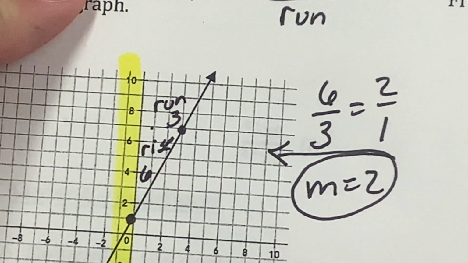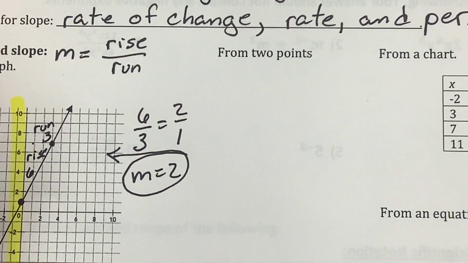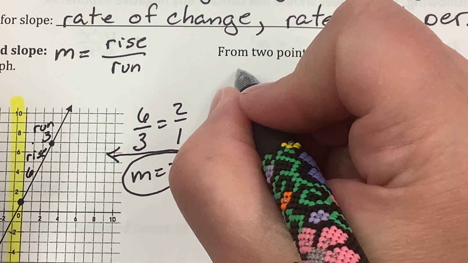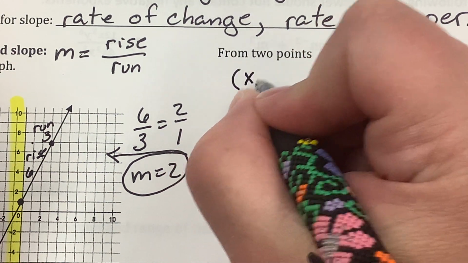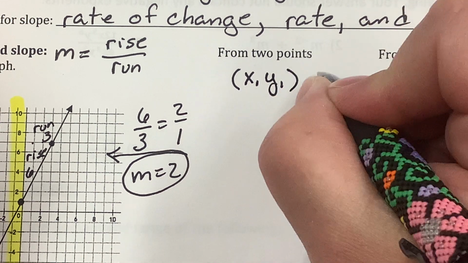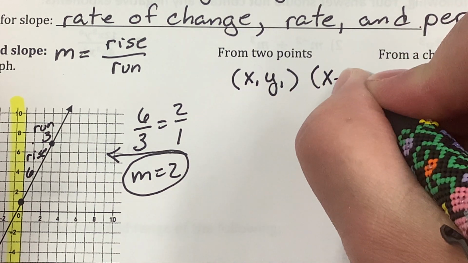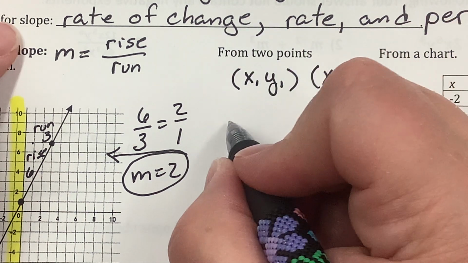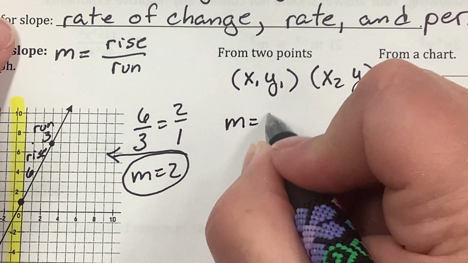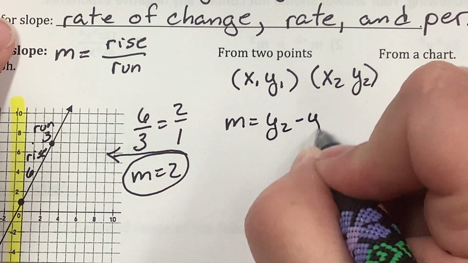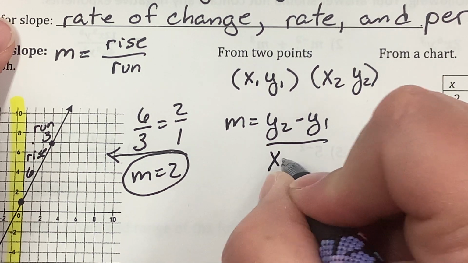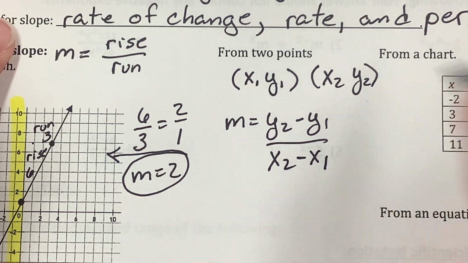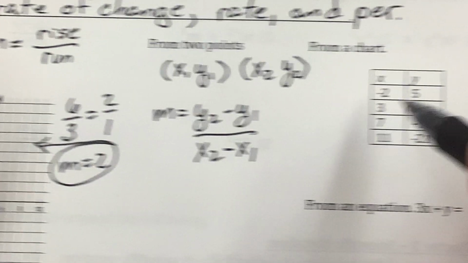From 2 points. Well, first you have to have 2 points that you've labeled. You have to have an x1 and a y1 and an x2 and a y2. And then the formula for that is m equals y2 minus y1 over x2 minus x1. Now from 2 points, you can get those 2 points off a chart.